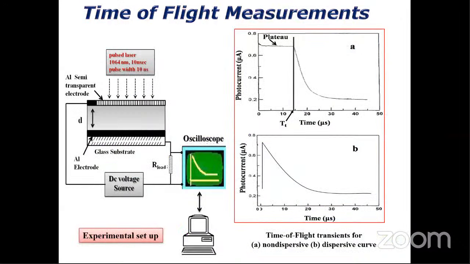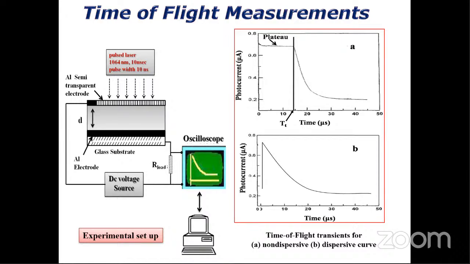For that time of flight experiment we are using a pulse laser of 1064 nanometer wavelength, and the pulse width is 10 nanosecond. We have made an aluminum semi-transparent electrode on the film which has been deposited on the glass substrate.